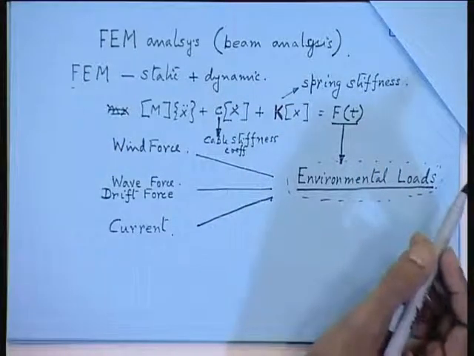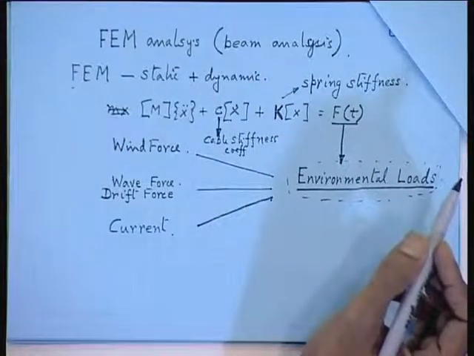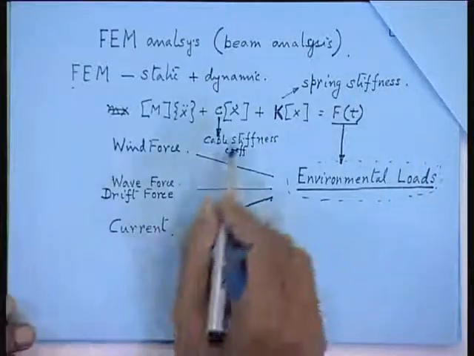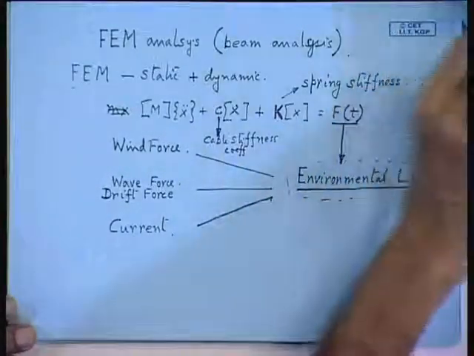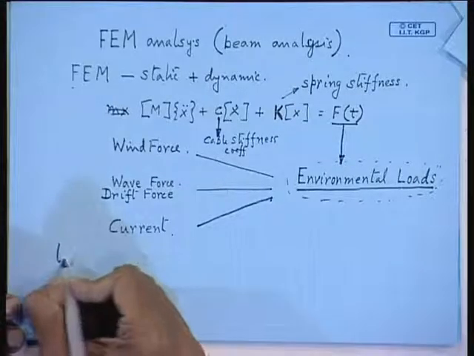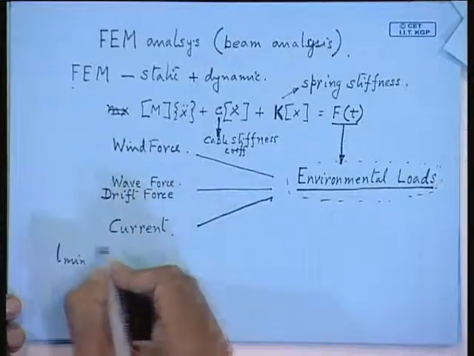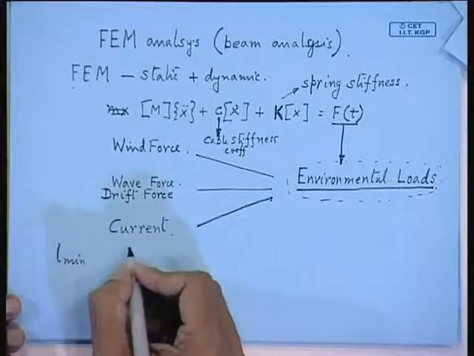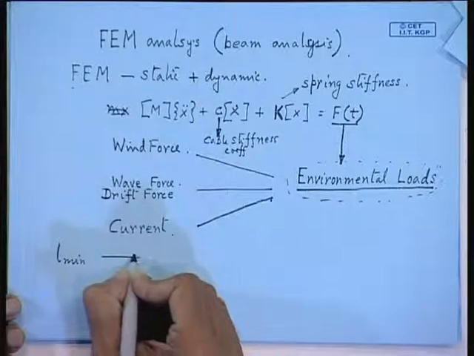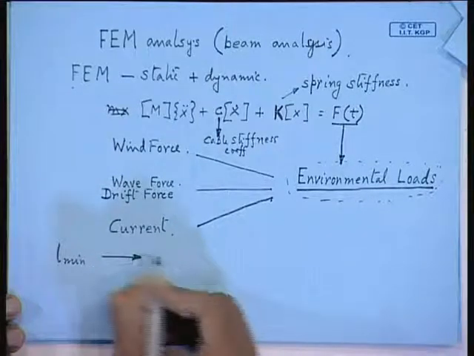So anyway, that will be quite complicated, but we have to stop our discussion with this. Now the minimum length of chain, L minimum, the last item that we have before we complete, has to be calculated. Now the assumption that we are making is gravity anchors.